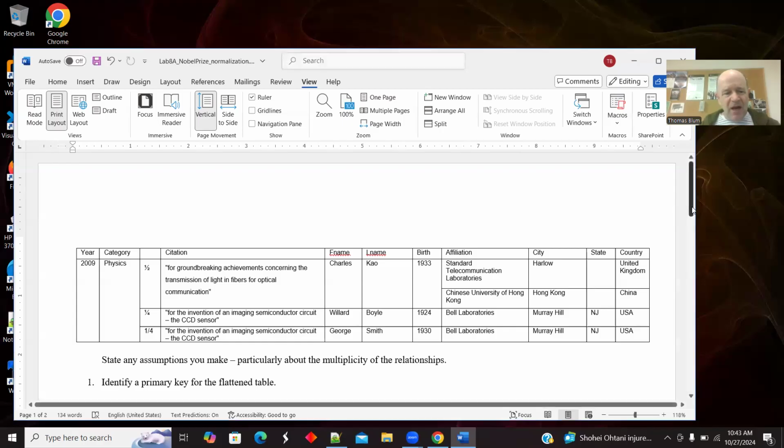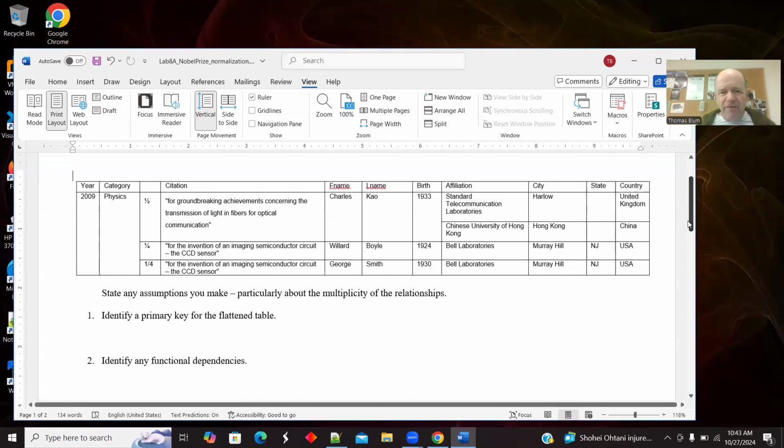One rule of thumb to keep in mind is that something from the multi-valued field, something about the repeated thing, is going to have to appear in the primary key. And we're not going to introduce some overall key, maybe in the long run, but not in the short run.